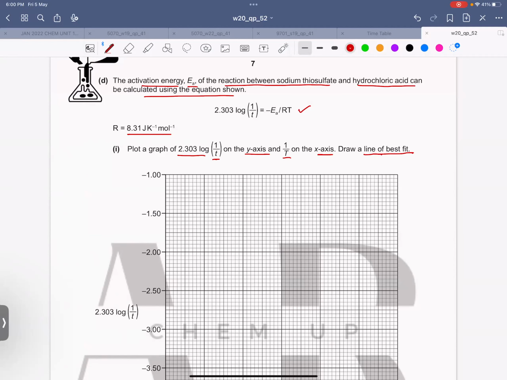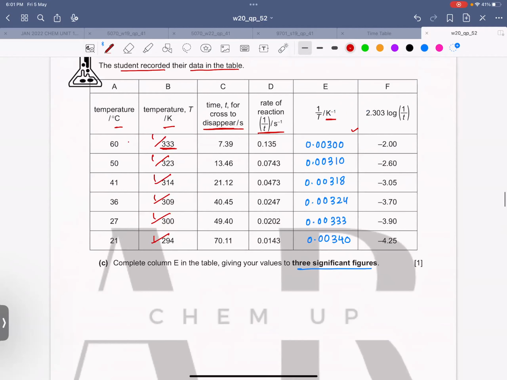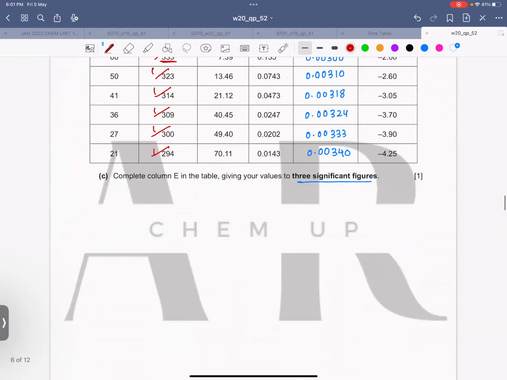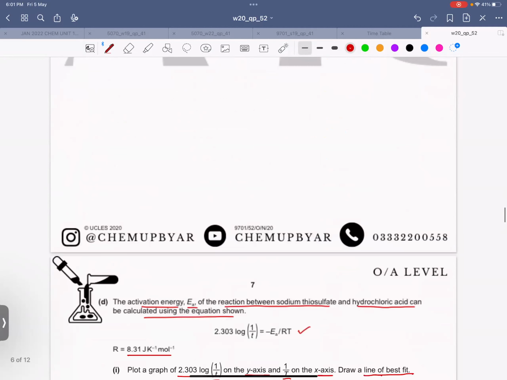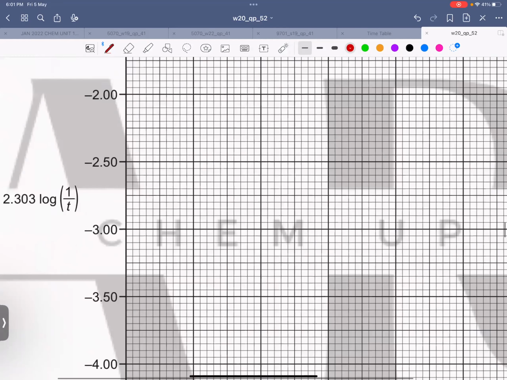So this is on the y-axis and this is on the x-axis. Okay. So 0.0030 at -2. And you have to put crosses.